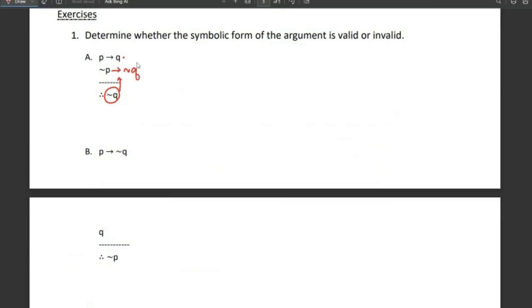So we start off with if P, then Q. That's our conditional statement. And we end up with negative P, then negative Q. So we have negated both sides. Whenever we look at the converse, inverse, and contrapositive, the one that follows the rule to negate both sides is our inverse.